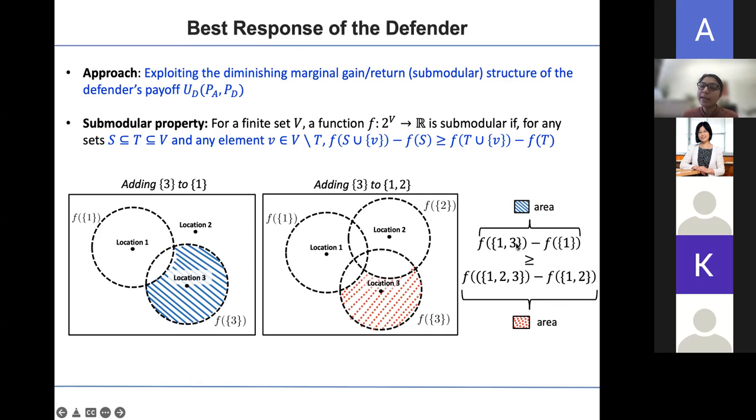But on the other hand, I added the same element 3 to a smaller set 1, because 1 is a subset of 1, 2. So when I added the same element to a smaller set, the incremental difference is more. So this notion is called submodularity, and we observe that this payoff function UD has this property.